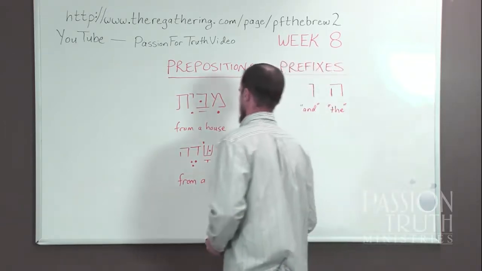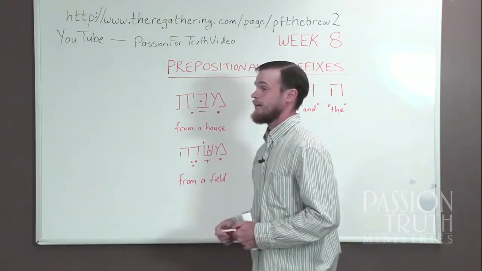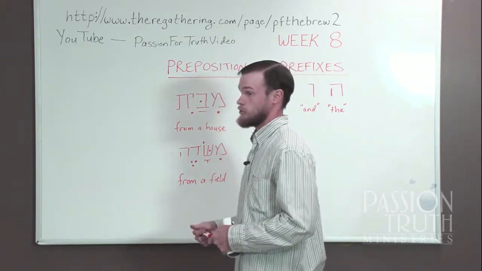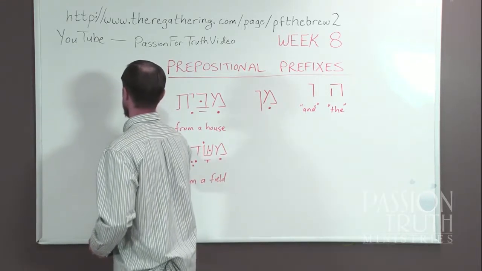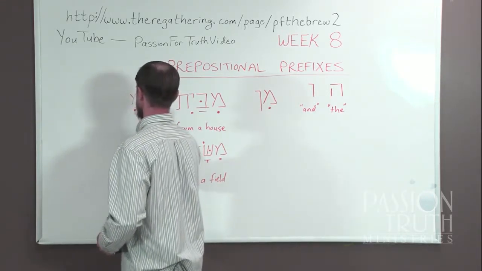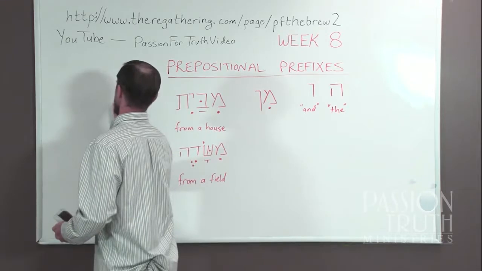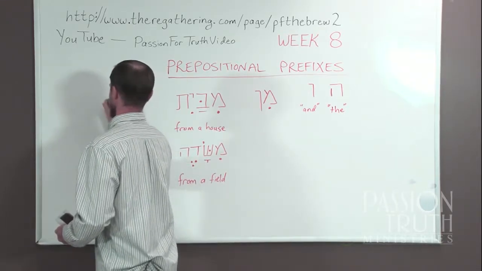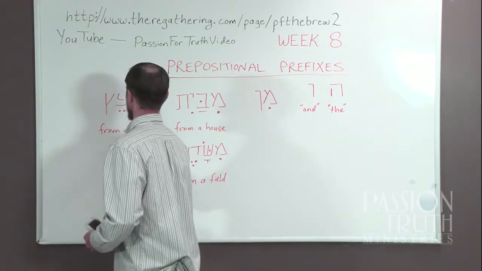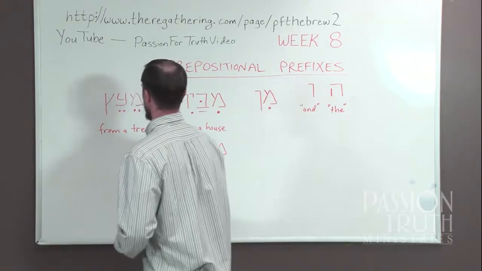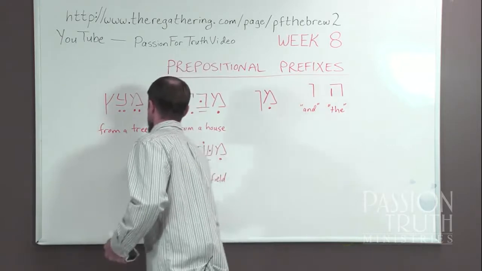However, in front of words that begin with an aleph, a hey, an ayin, or a resh, instead the mem will take a tzere vowel. So from a tree would be me'etz. Me'etz, from a tree. Or from him. Let's incorporate some pronouns into this too.